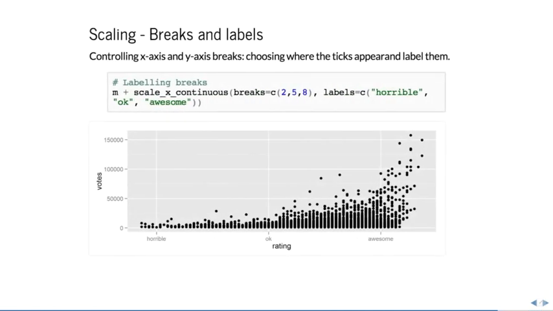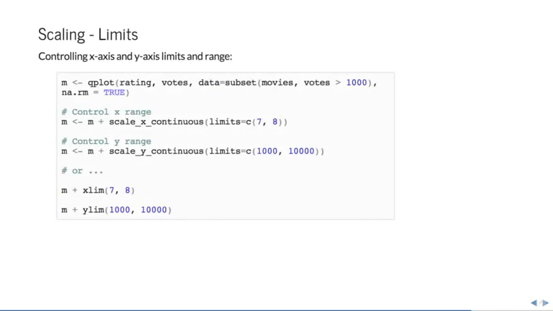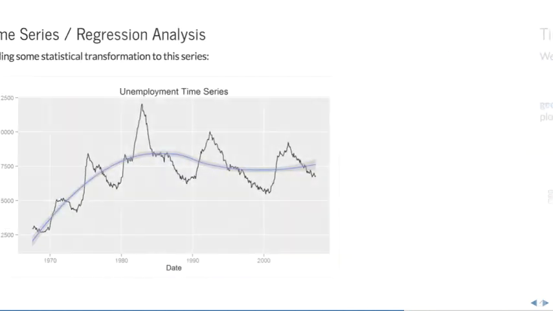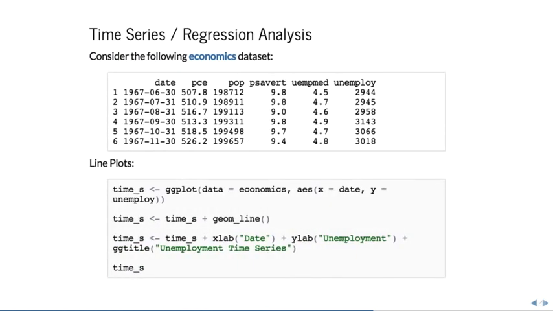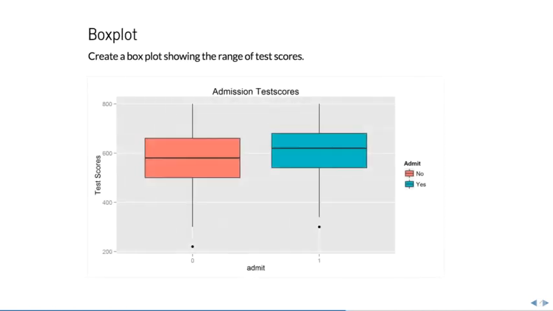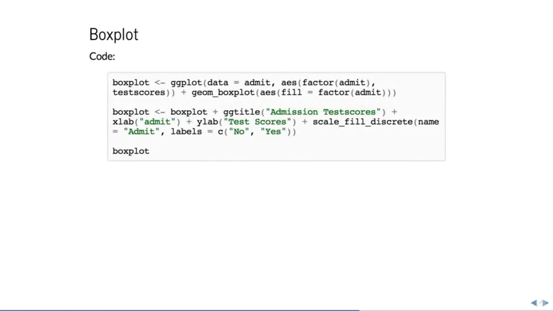Yeah, meaning that in geom boxplot you can specify the aesthetics, and in geom bar you can also specify similar types of aesthetics. So it's based on the plots that you want. Similar but not the same, and it really depends on the data set you're looking at.